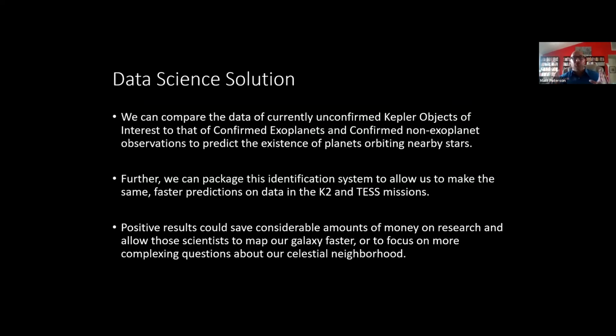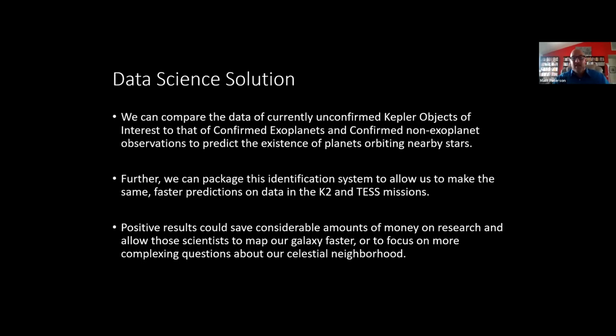And we can use that as our training data to train a model to look at that same data set and then decide of the unclassified observations, which ones are actually planets and which ones are not planets. We can then package this into a Python program or something and use it to identify planets on the TESS mission. TESS is another satellite that was launched by NASA back in 2018, to do the same thing, but in different parts of the sky.